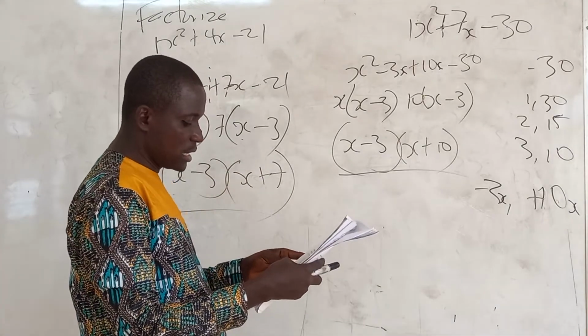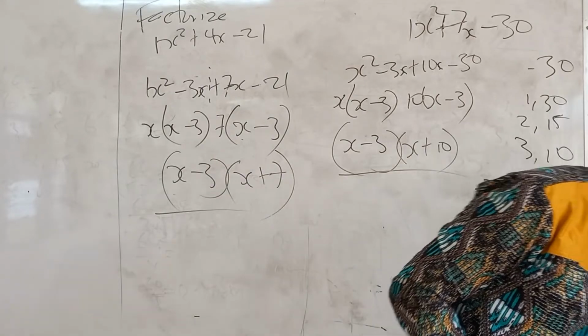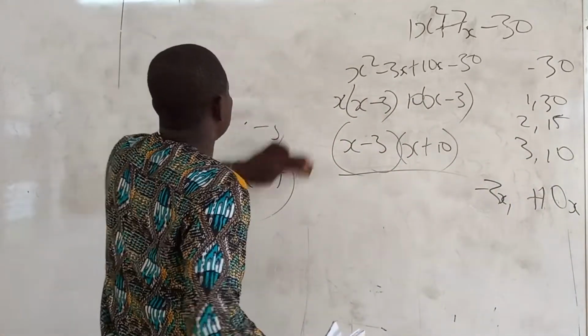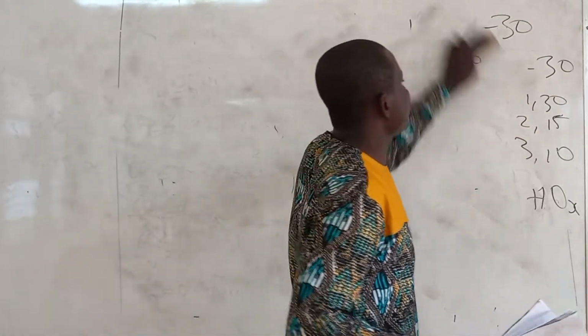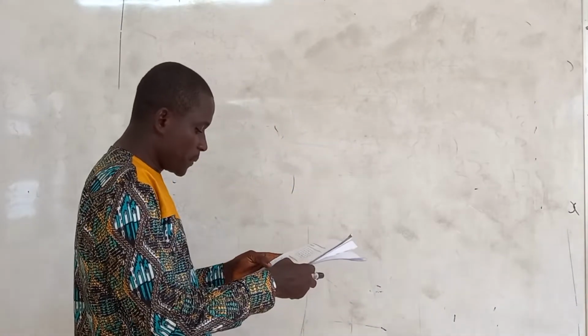So let us see another example under this. Let's clean this and then see another wonderful example under this one. We are on factorization of algebraic expressions.